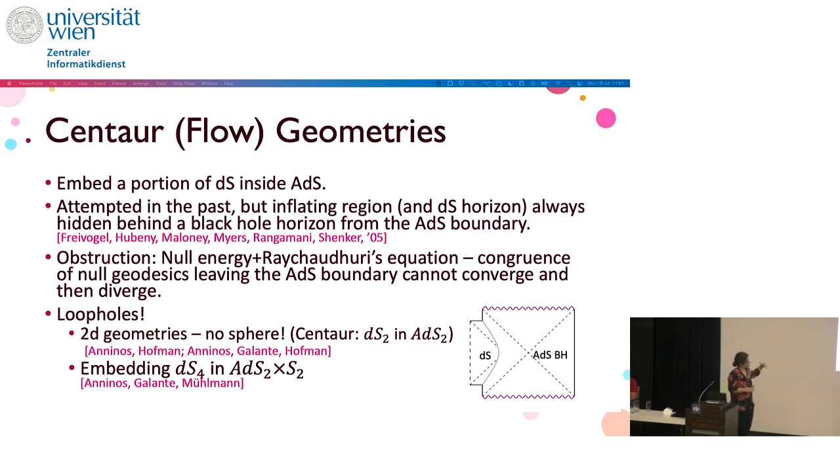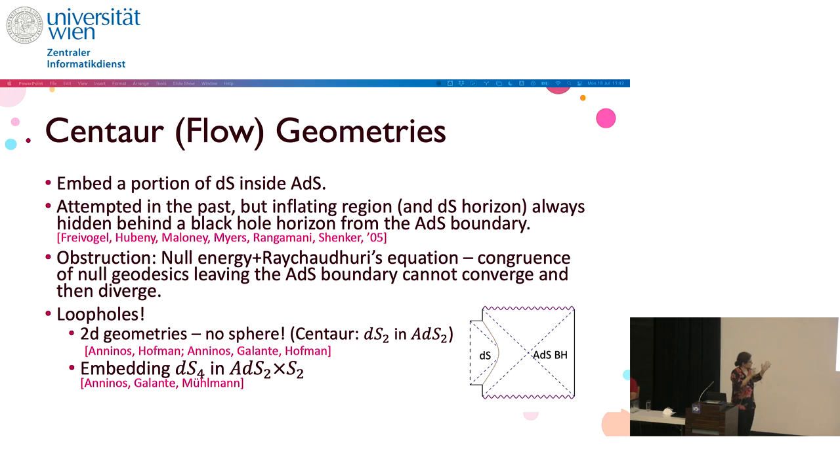So, for instance, in 4 dimensions, you could embed a de Sitter 4 type space into a larger, not ADS4, but ADS2 cross a sphere with some very slowly varying size of the sphere, where the sphere doesn't change in the conventional way.